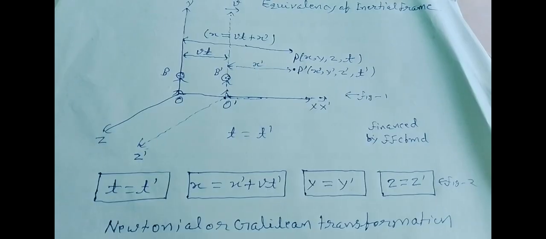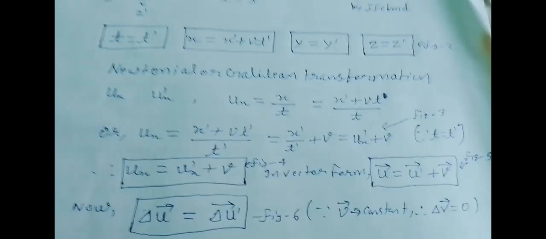Now from the above expression, it follows that delta u vector equals delta u dash vector, as shown in this figure. Delta u vector is given by figure 6. Delta u vector equals delta u dash vector because v vector is constant, so delta v vector equals 0.